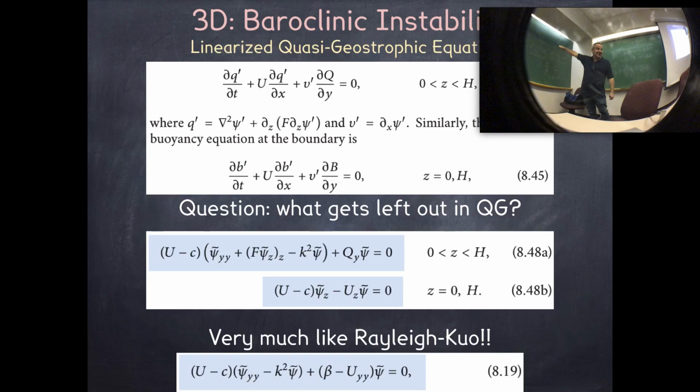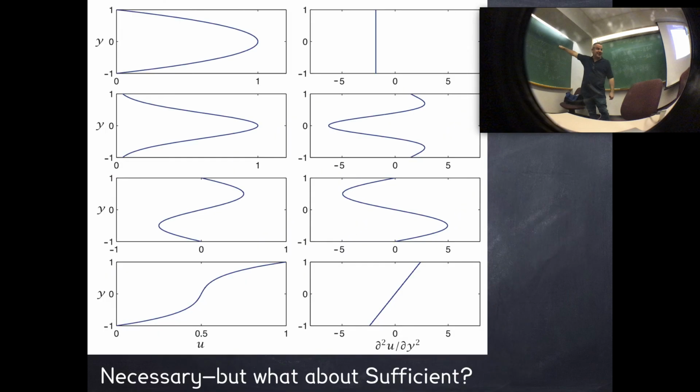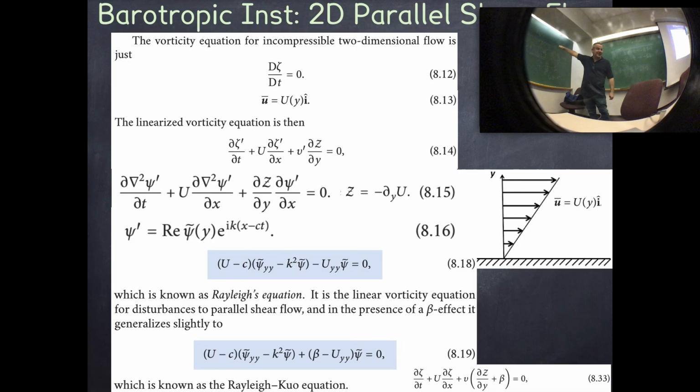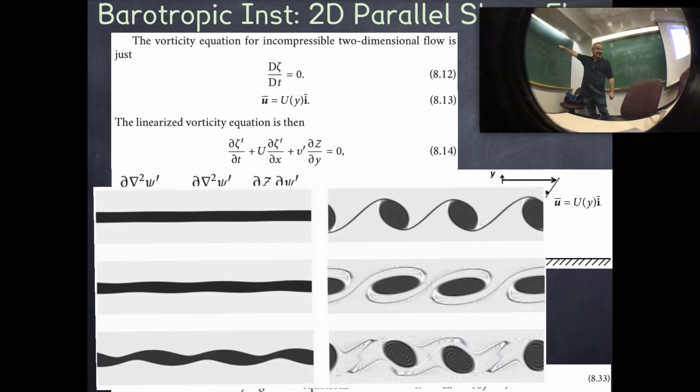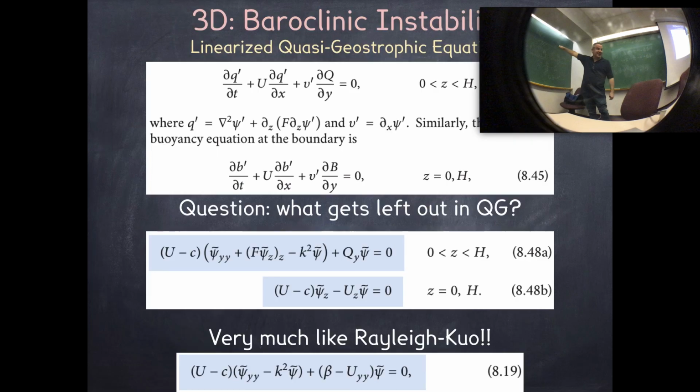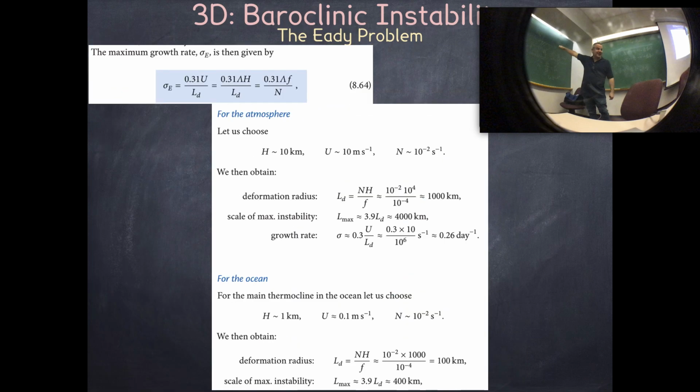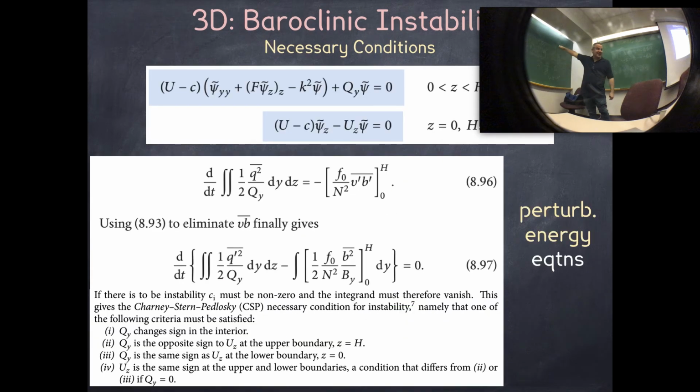Now let's go back to our necessary conditions. Where are our necessary conditions? Hidden them. Will our necessary conditions be satisfied by that initial condition? What's dq/dy?